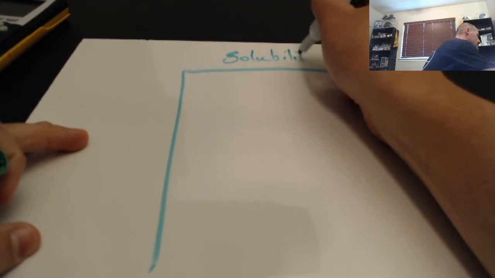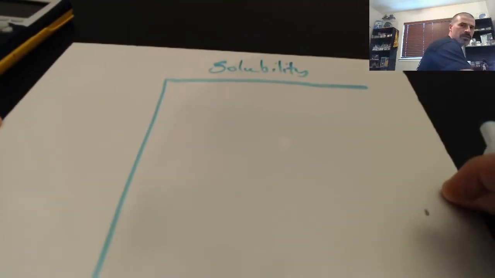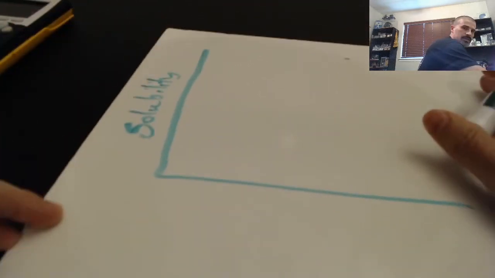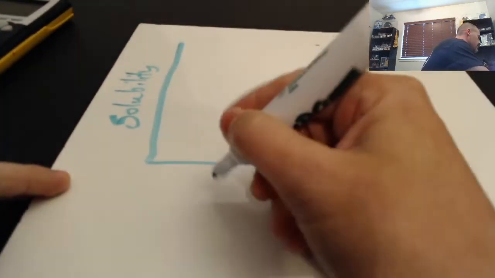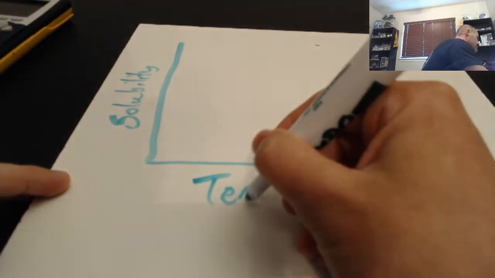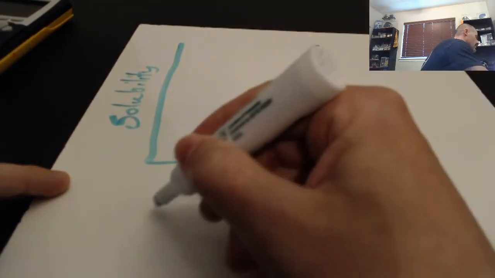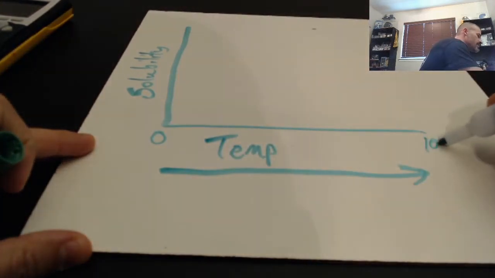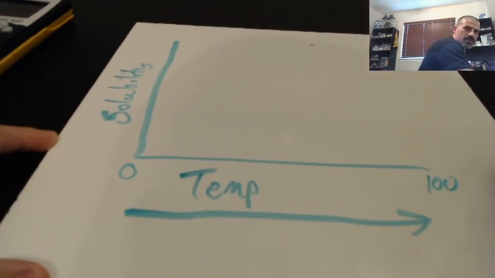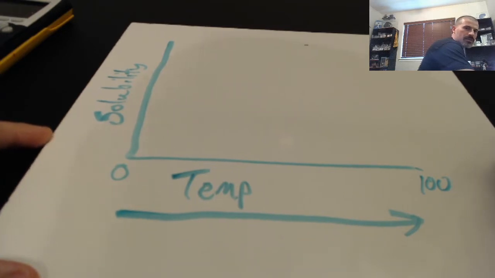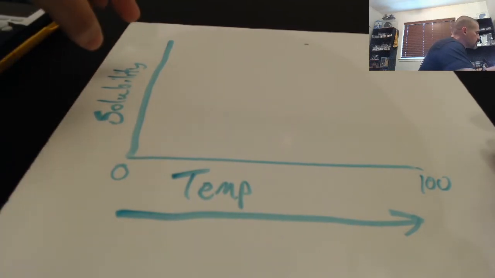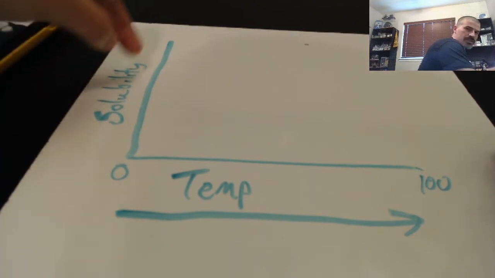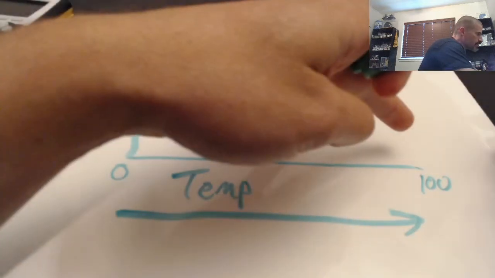It's the solubility on your y-axis, and then your x-axis is temperature. And as we go this way, temperature is increasing, right? It's going from 0 degrees to 100. So basically what we're doing with this solubility curve is looking at what happens to solubility as temperature increases.